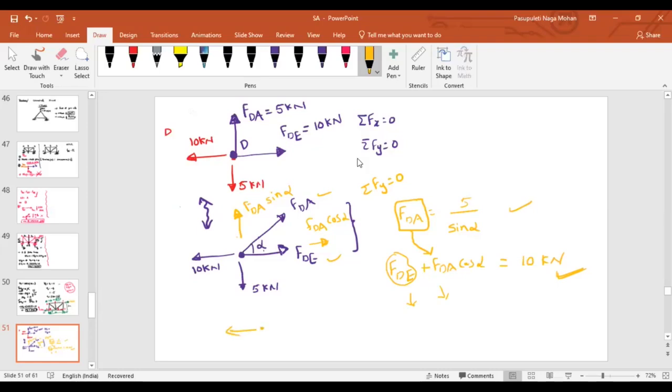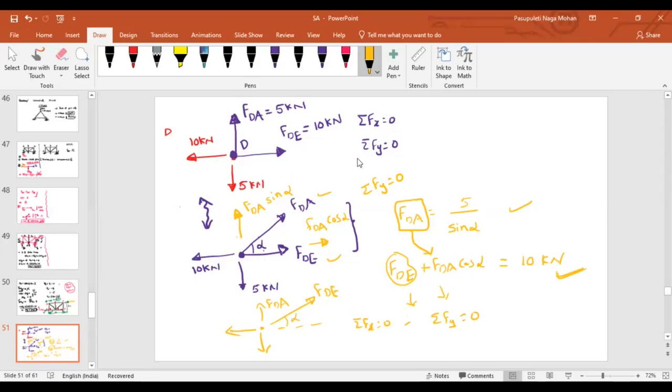Instead, my FDA is acting along y, and if I say that my FDE is inclined, can you tell me which equation I should write first? Summation Fx equal to 0 or summation Fy equal to 0?